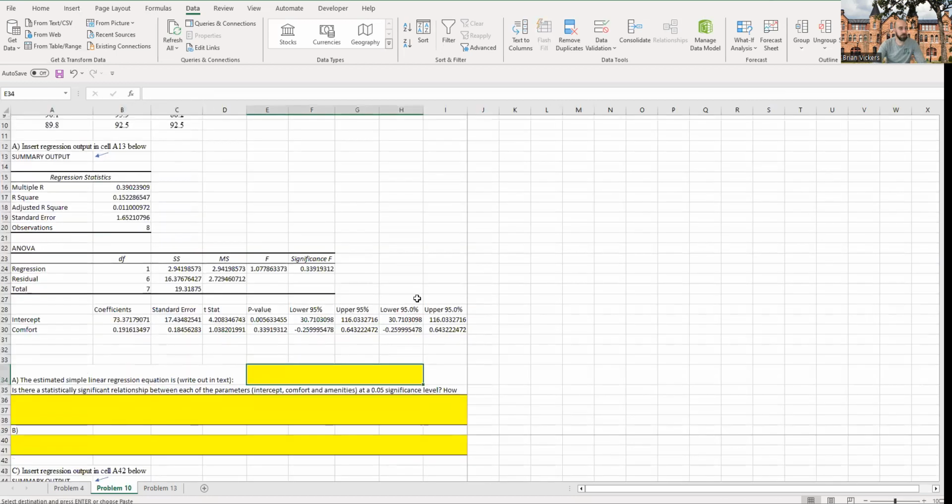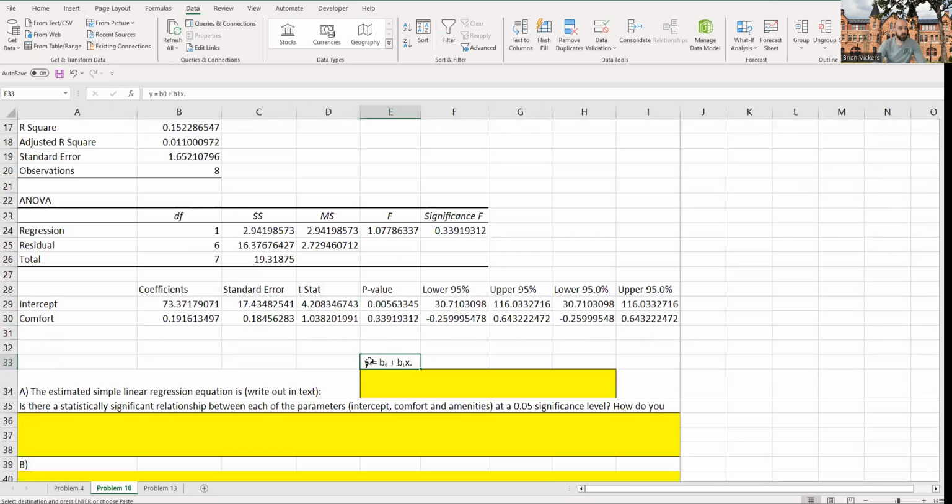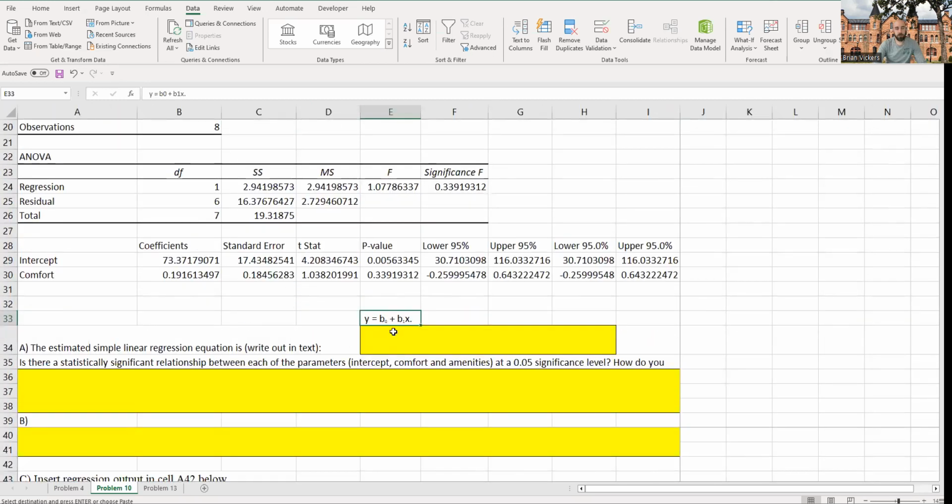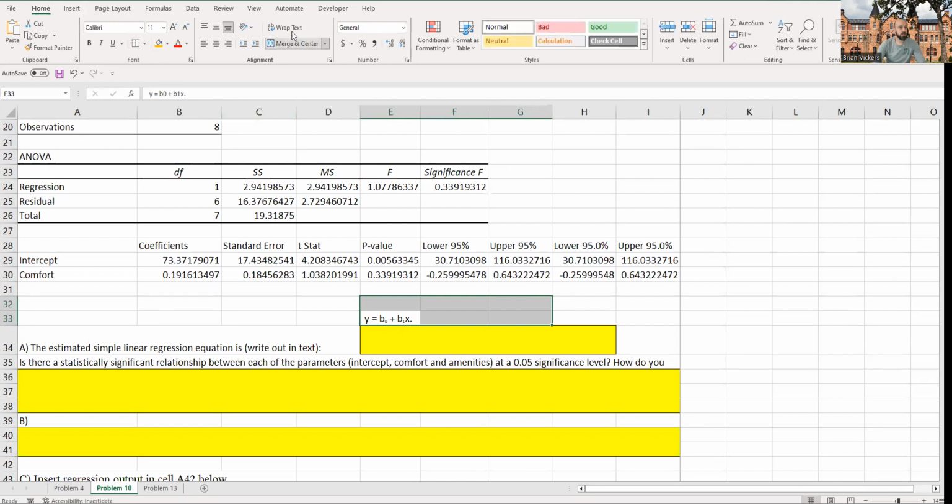Let me copy it over just to show it to you again. Zoom in a bit. This is the formula I'm looking at. This y equals b0 plus b1x. I'm going to make it even bigger just to make sure you can see it. That's the formula I'm going to recreate.